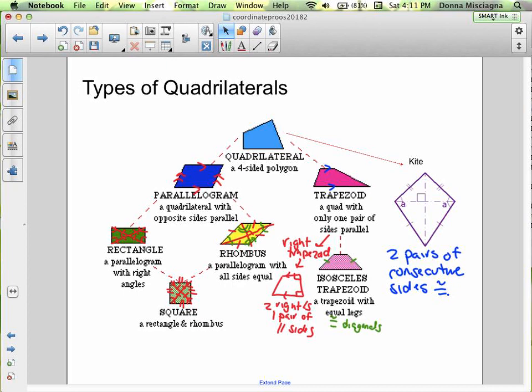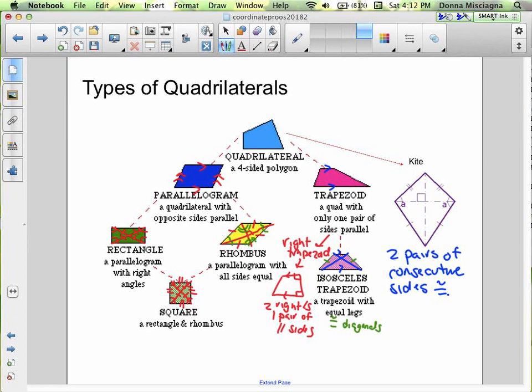If those legs are congruent, then we call it an isosceles trapezoid. Now, an isosceles trapezoid is a trapezoid with equal legs. It also has congruent diagonals. So these diagonals here are congruent. That's why it's not enough to prove that a quadrilateral has one pair of parallel sides and congruent diagonals to call it a rectangle, because an isosceles trapezoid also has one pair of parallel sides and congruent diagonals.